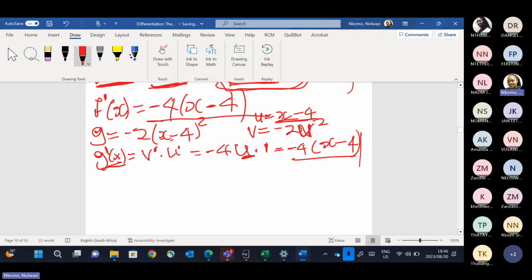Then the next step is to let your derivative be equal to 0, right? Okay, we let f prime at x equal to 0. And we know that our f prime is -4 into x minus 4 equals 0, right?